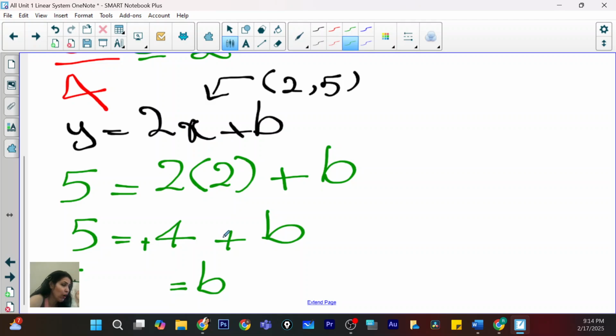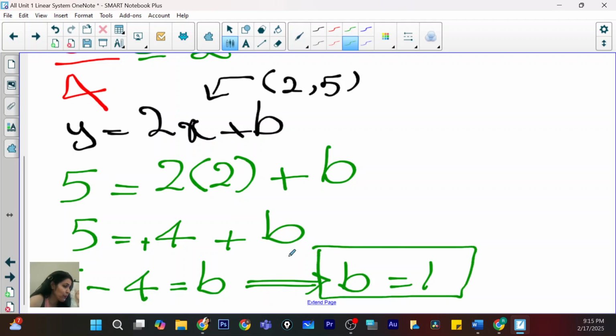It's not 4 times b. 4 plus b. So move to the other side, become negative. Or you subtract both sides by 4. As a result, b equal to 5 minus 4 equal to 1.